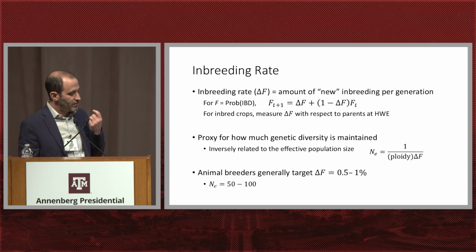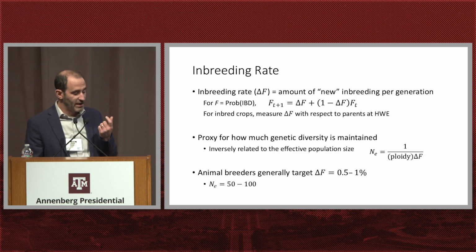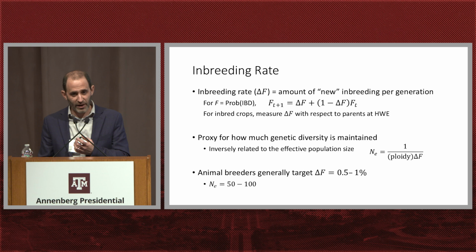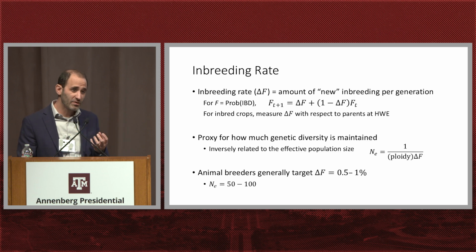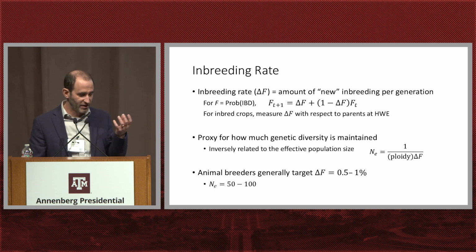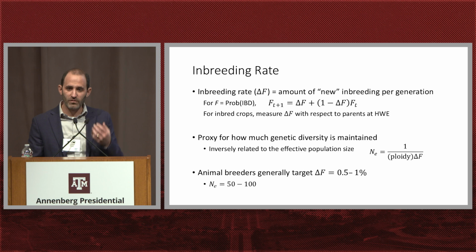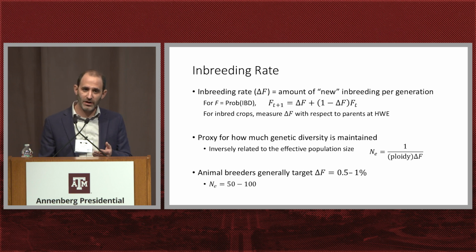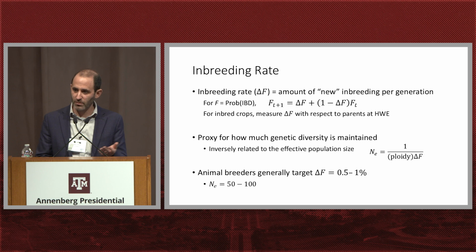This concept of inbreeding rate has a close relationship to something that I think in plant breeding we talk about more often, which is an effective population size. So the classical relationship is shown here, that the effective population size N sub E is 1 over the ploidy divided by the inbreeding rate. So animal breeders for decades have recommended you should be targeting an inbreeding rate of about 0.5 to 1%.